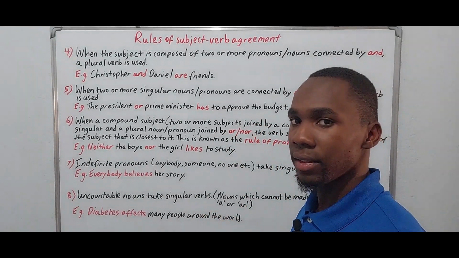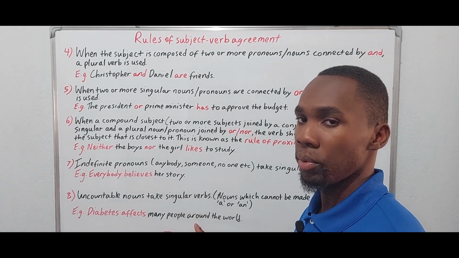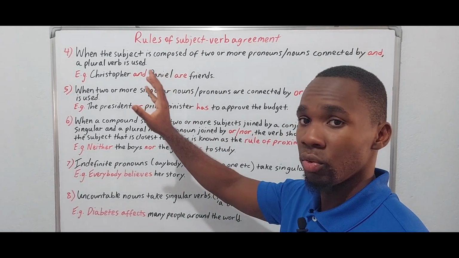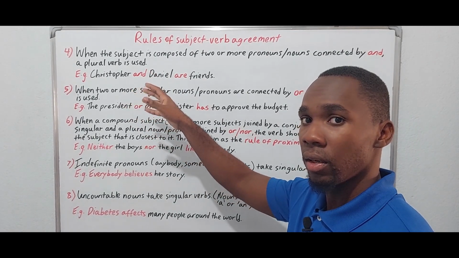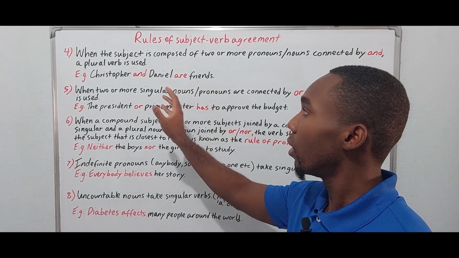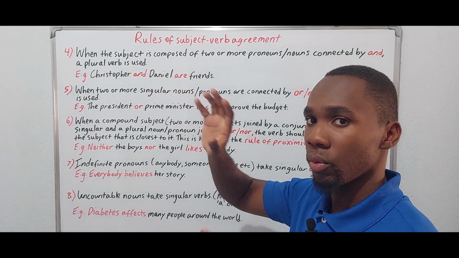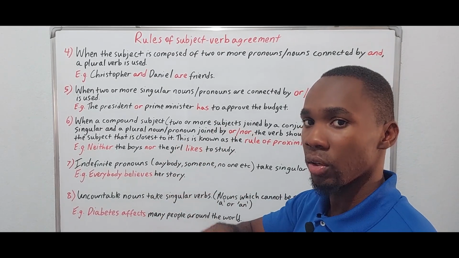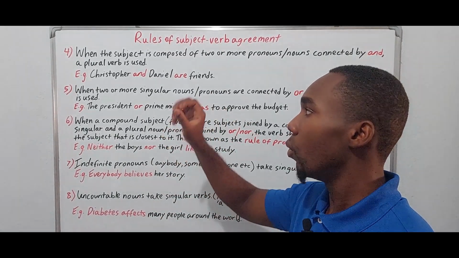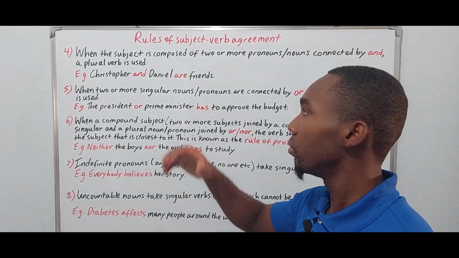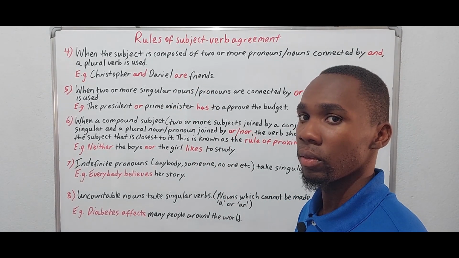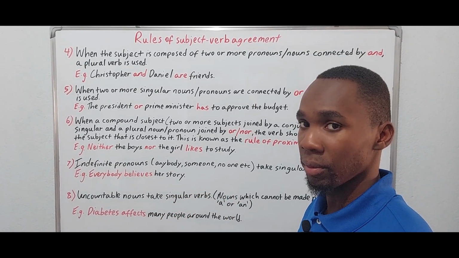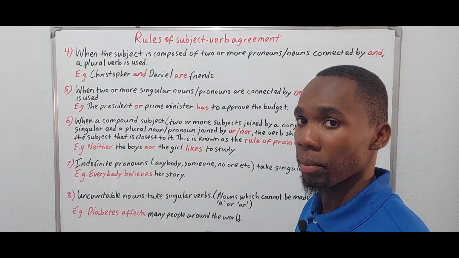So when we have and, a plural and connects the 2 subjects, whether the 2 subjects are plural in and of themselves, or whether the subject consists of 2 singular nouns. But either way, once they are connected by and, the verb must be plural, because and means that emphasis is placed on both subjects, or on both nouns or pronouns.